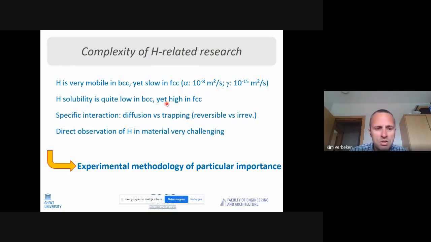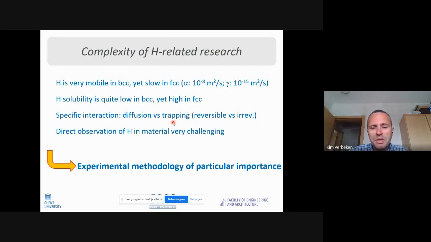So this also has an effect on how you do your experiments if you want to reach saturation. Now, very specific about the interaction between hydrogen and your microstructure is the difference between diffusion and trapping. Hydrogen can be mobile, but at some points in your microstructure, hydrogen can be trapped. This means that it stays there for a certain amount of time.